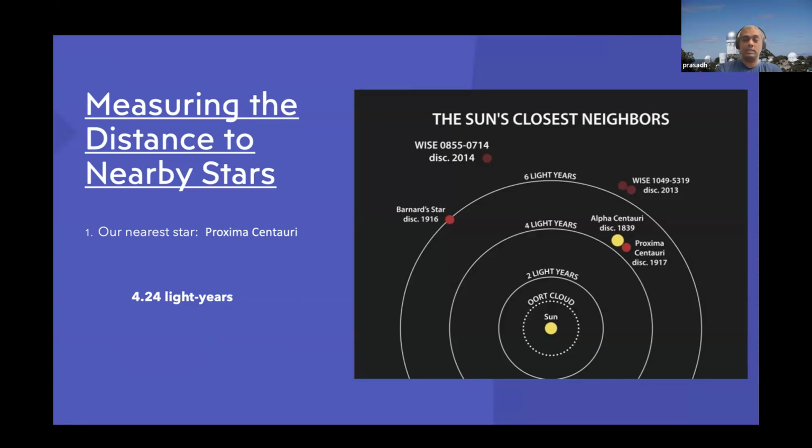So what is the nearest star for us? Anybody knows the answer? What is the closest star for us? Anybody would like to comment on that? You can use the chat window if you would like to answer, and I would highly appreciate it.